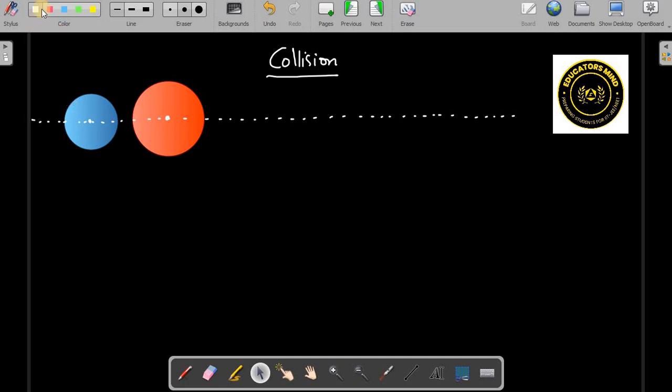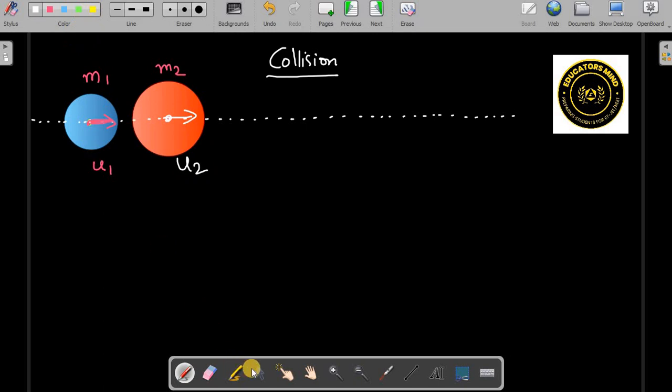So this is the first body and this is the second body. Let's say this mass is m1, this mass is m2, and the velocity of the center initially is u1, and this velocity of the center is u2. Now this is before collision, right?